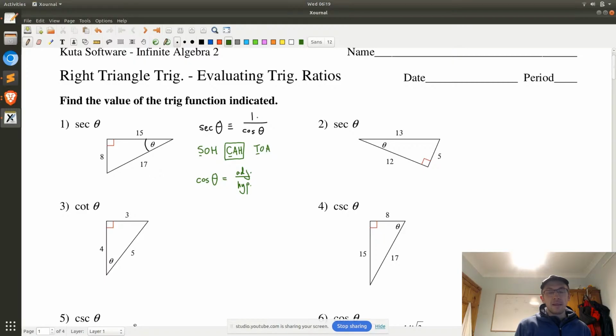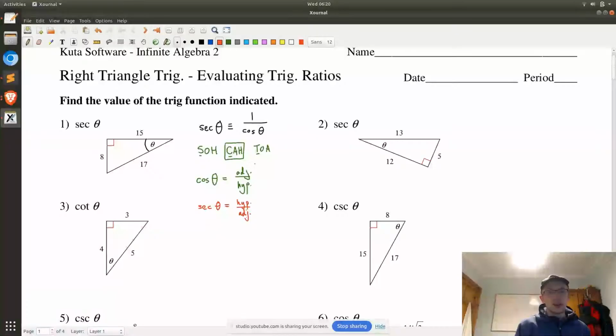So, because secant of theta is 1 over cosine of theta, that means that secant of theta logically should be 1 divided by this. And when you do 1 divided by a fraction, you flip it. So this should be the hypotenuse of the right-angled triangle divided by the adjacent of the right-angled triangle.